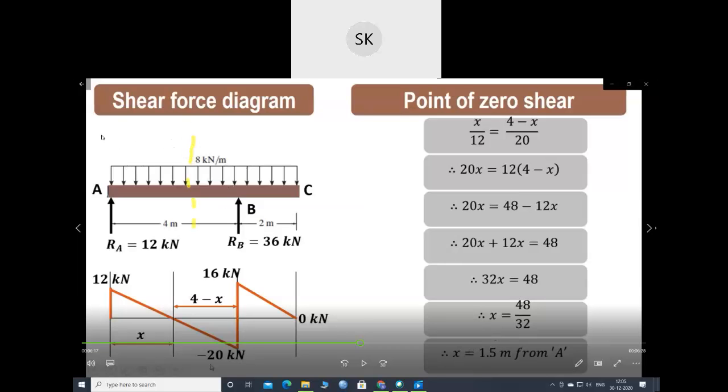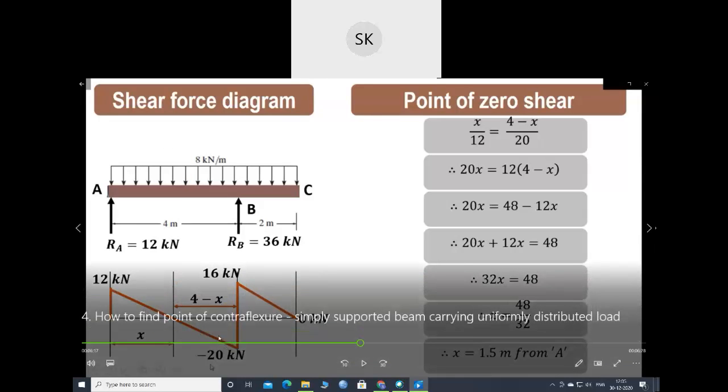They placed the similar triangle equations, and by cross multiplication found that x equals 1.5 meter. So at x equals 1.5 meter, your shear force will be 0.